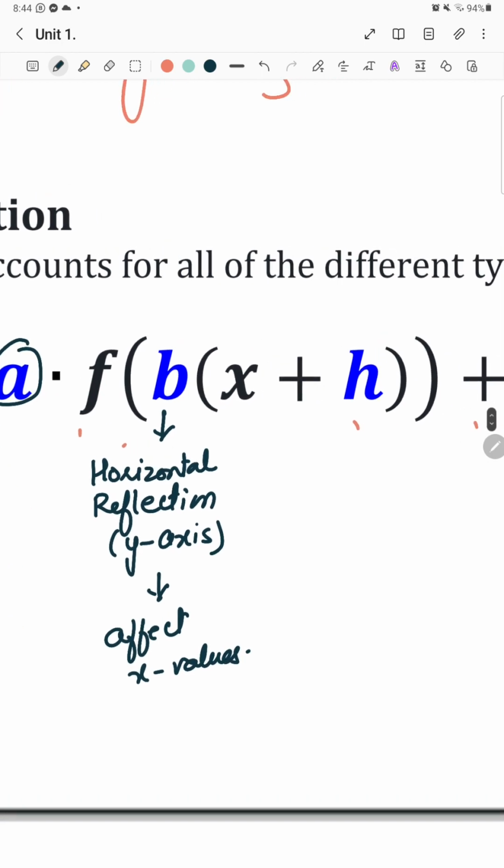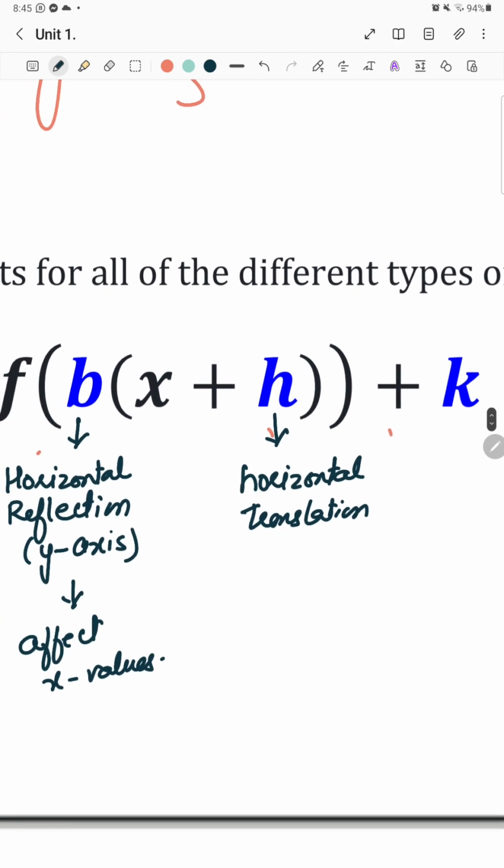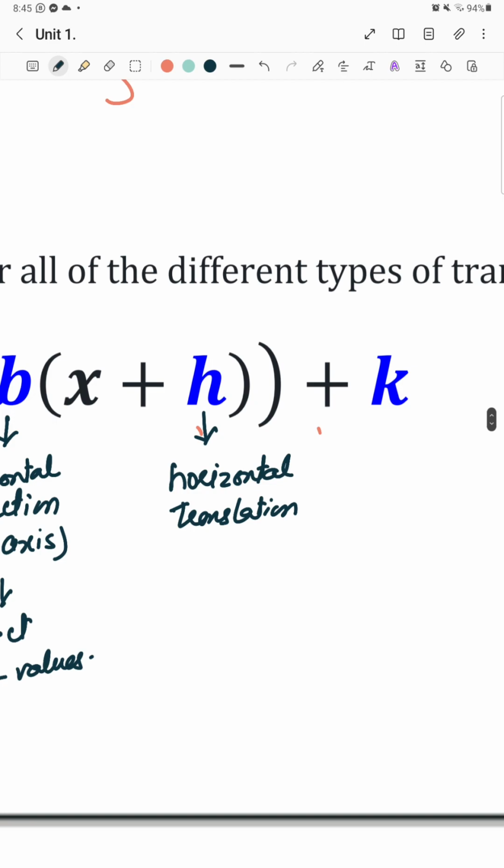Okay. What does H mean? Horizontal translation, which also affects x values.